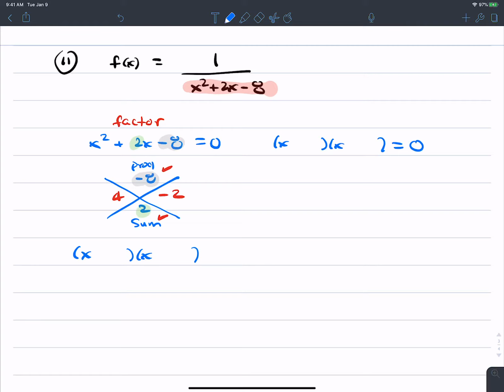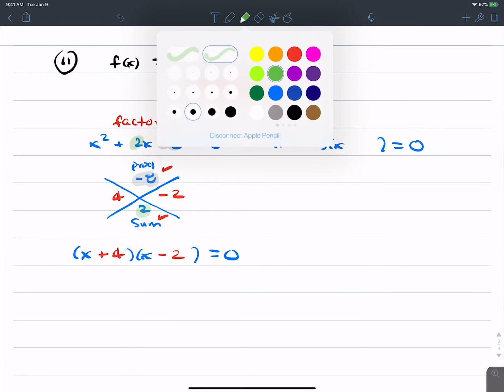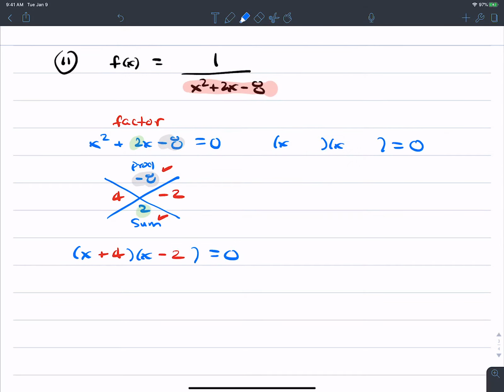Okay, we could put it down here. x equals 0. And so the first number is going to be positive 4, and the second is negative 2. Remember, these numbers here go all the way down there. This number goes over here.